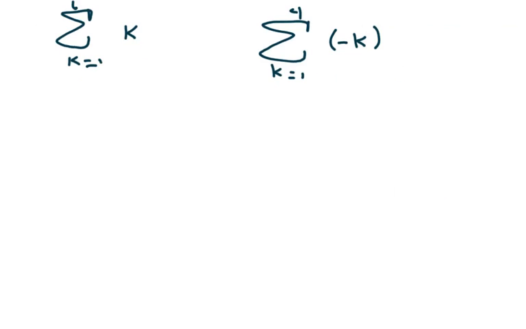Alright, the next one, we have k going from 1 to 6. That means there's 6 terms, and we have k as our formula. So basically we have 1 plus 2 plus 3, if you keep plugging in, plus 4 plus 5 plus 6. When you add all that up, you get 21.